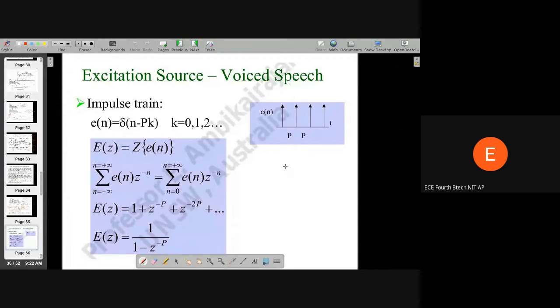So as I said, if your vocal folds vibrate with a pitch period T naught, here it is mentioned as P, we can use a train of impulses.